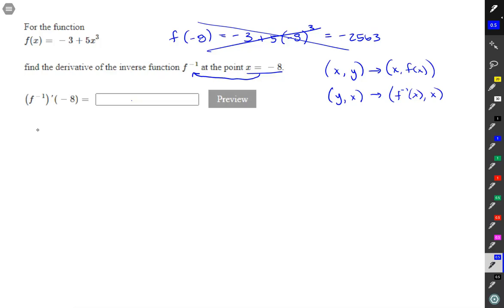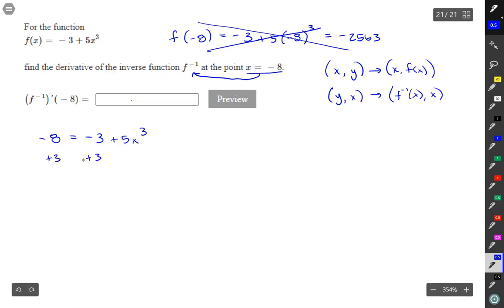So, for instance, if I take negative 8 and set that equal to negative 3 plus 5x cubed, let's see what happens. First off, I add 3 to both sides. Canceling that out, this would be negative 5 equals 5x cubed. Dividing both sides by 5, I get x cubed equals negative 1.